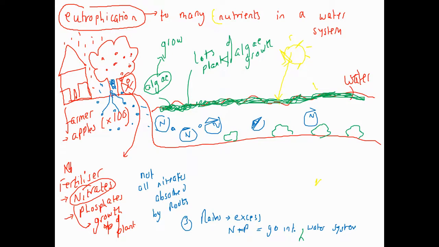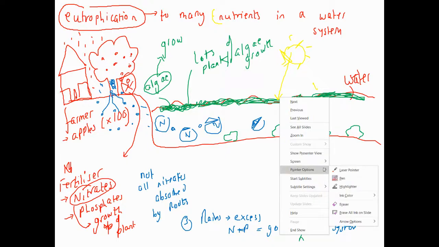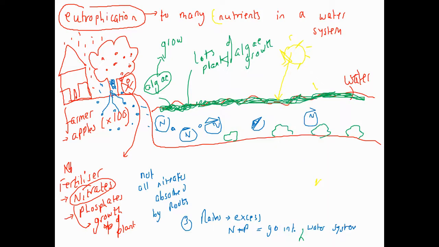If the sunlight's not going through because of the algae blocking it, then these plants cannot photosynthesize. Boys and girls, if a plant can't photosynthesize, it can't grow.